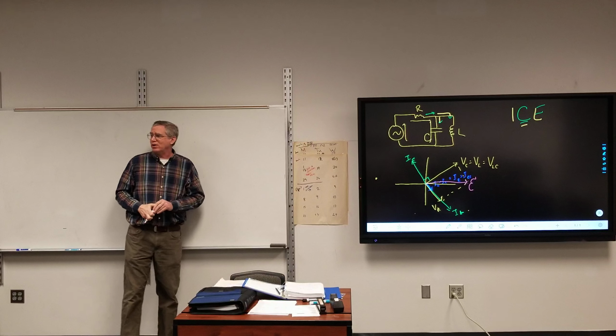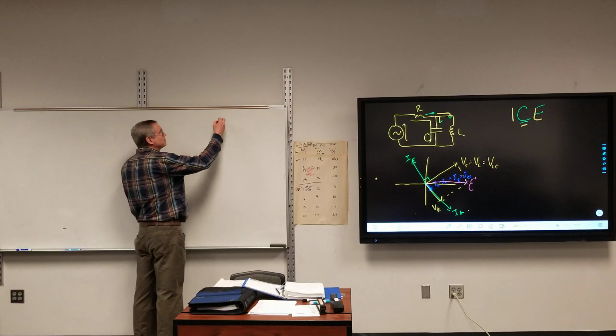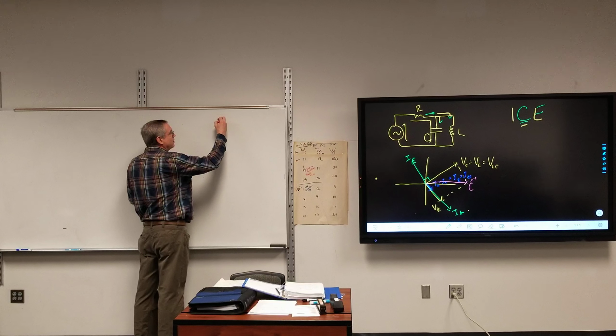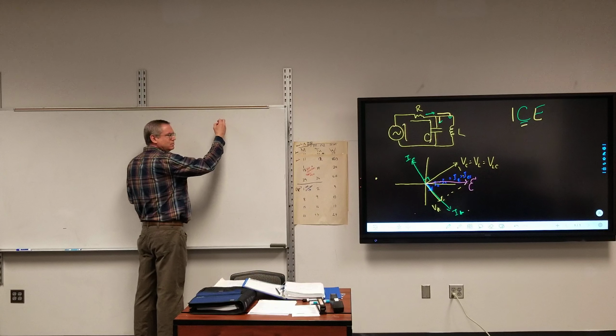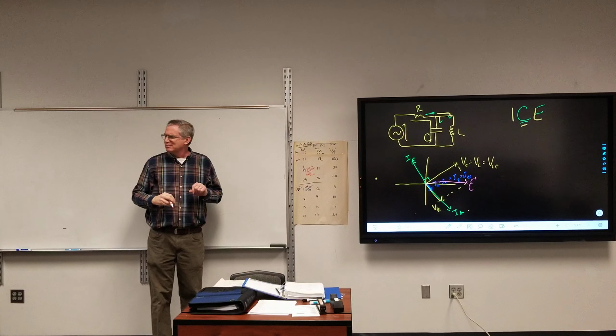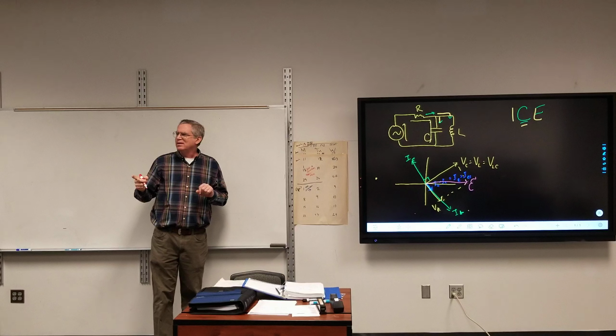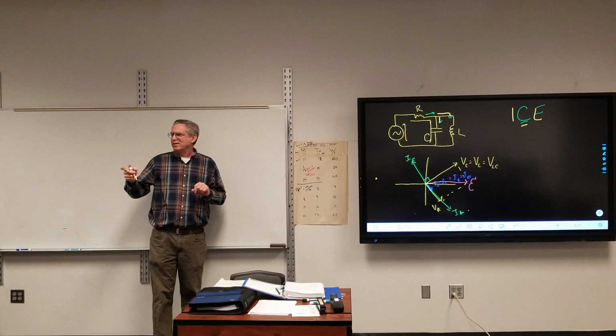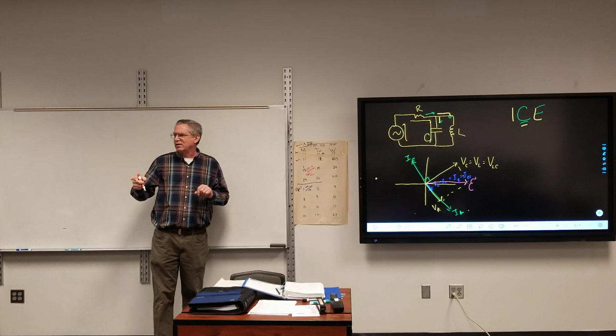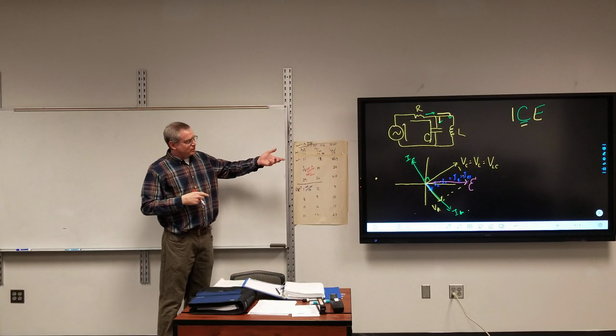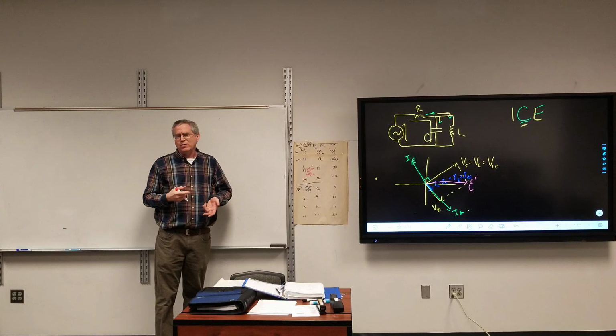Why don't you start with Ohm's law? Resistance equals V over I, or do you want it the other way? V equals I R. Yeah, okay, so we have delta V equals IR, but we're dealing with AC, so we just get lazy and don't write the delta.